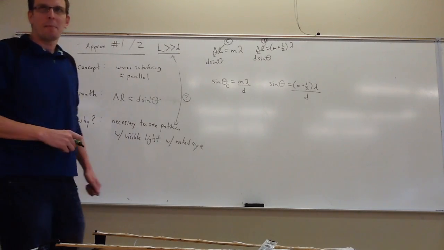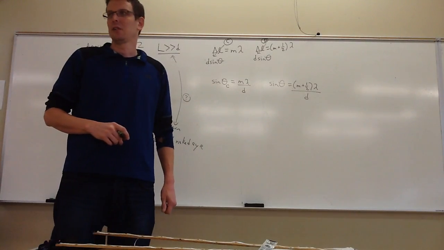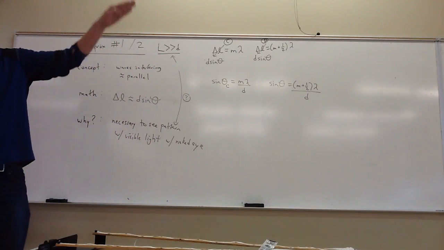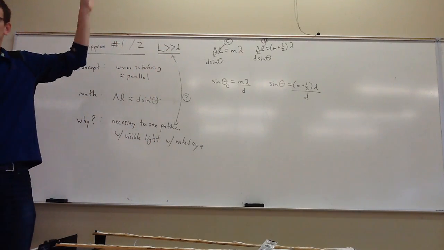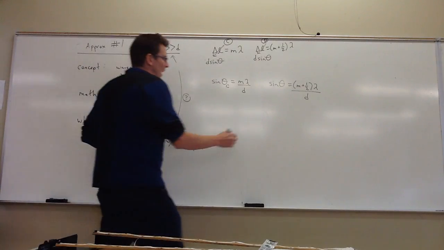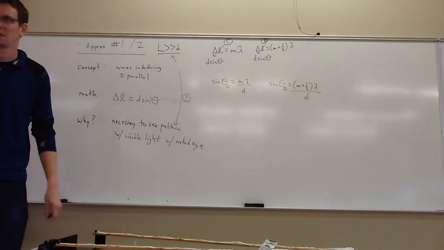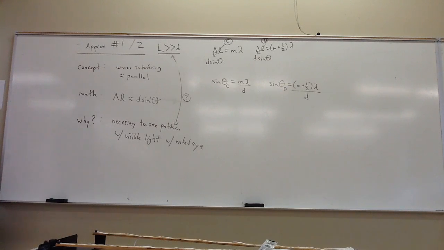So we now have a map of where these things can be found. If theta equals 0 is the center of the screen, at what angles are we expected to find these features? And over here we have another list of angles, which I'll call theta dark, or theta destructive. So I now have the ability to find what specific angles these occur at.